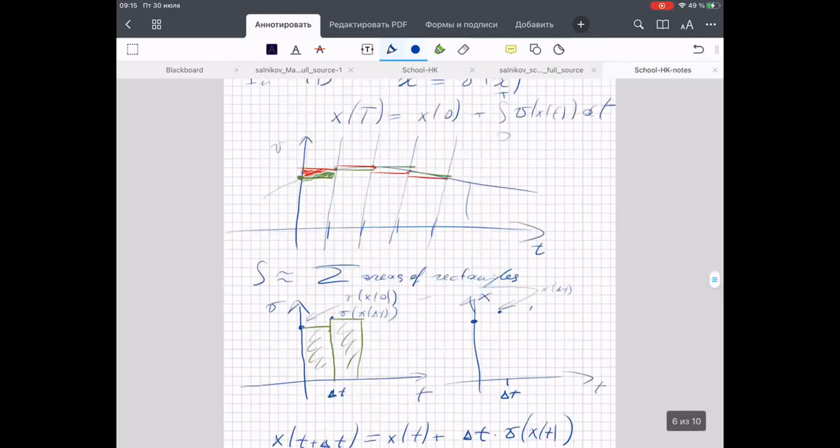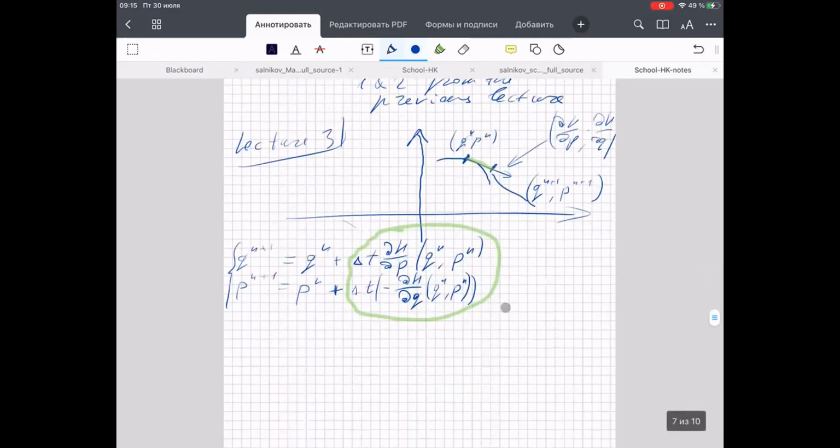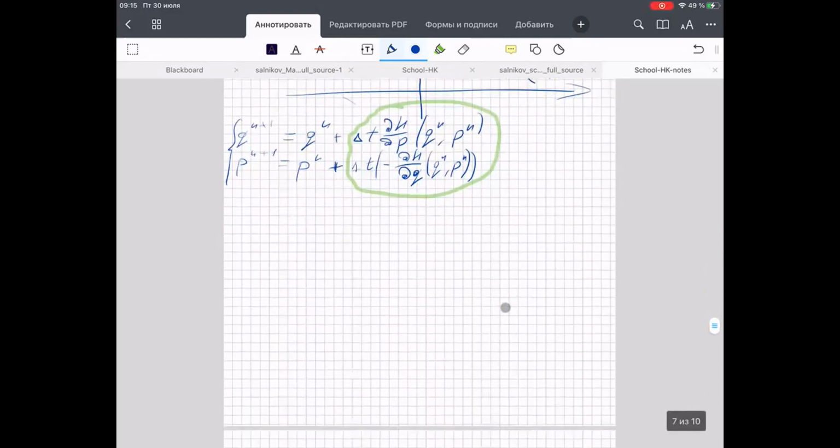What does it mean in this picture? Well, you see, in this picture, we kind of approximated the integral. Well, it looked more or less okay. You have some small mistakes here, but at some point they start compensating. In this mechanical example, they are actually not. So what happens, I will draw just one of them, let's say Q, or whatever. In the picture, it was probably the velocity, so let me draw a P. Anyway, it's schematic.